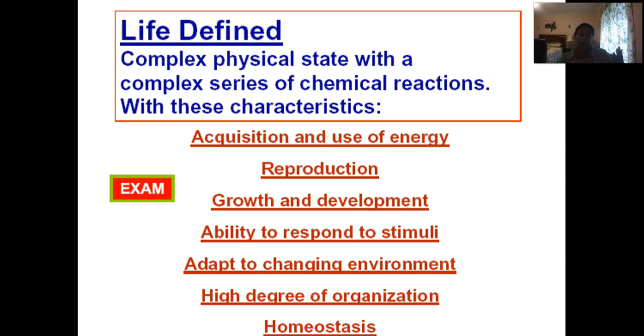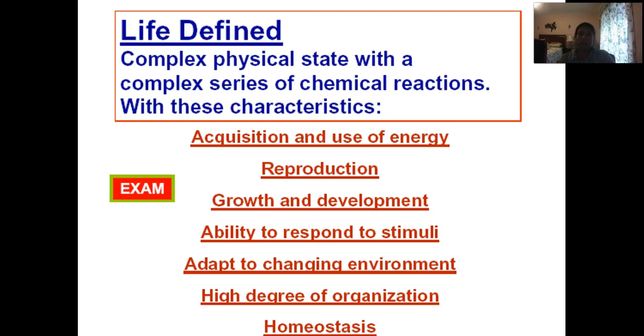So we've talked about life being defined as basically a complex physical structure that contains a complex series of chemical reactions working together to maintain that physical state. Now, if we were to break that down further to look at specific characteristics of a living thing, what it boils down to are these few 6 or 7 properties that a living thing must have in order to be considered living.